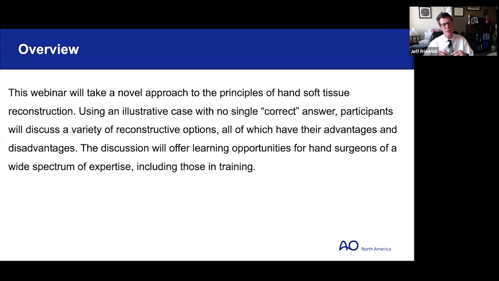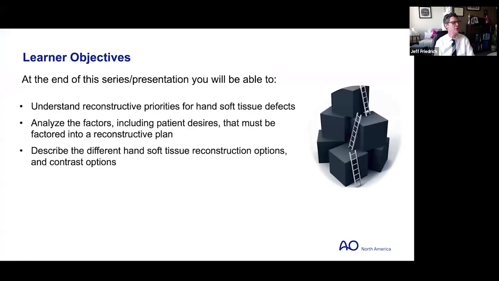And we hope that this is going to be a learning opportunity for hand surgeons at every stage of their training and expertise, from the folks in training to even more seasoned practitioners. So that's our hope and our overview for this session.